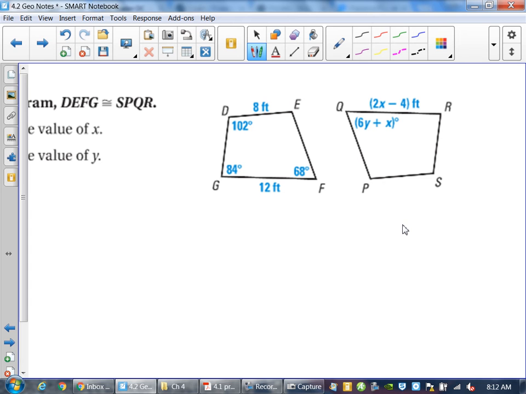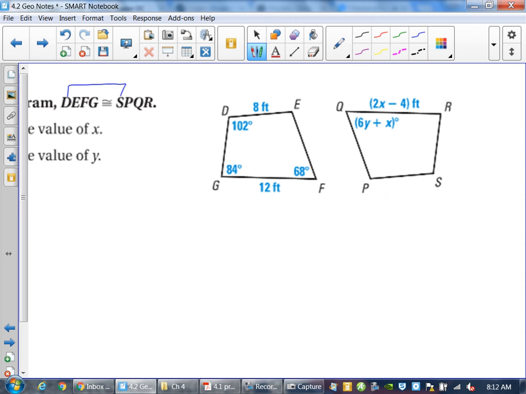And then it gives you a little bit of numbers and variables and things like that. You have to figure out what matches up with what. A lot of times, they're not going to draw the exact same image right next to each other. They're going to invert it, flip it, reflect it, do something like this, just so it makes you have to think for a second. But if you follow the lettering, it's very, very easy.